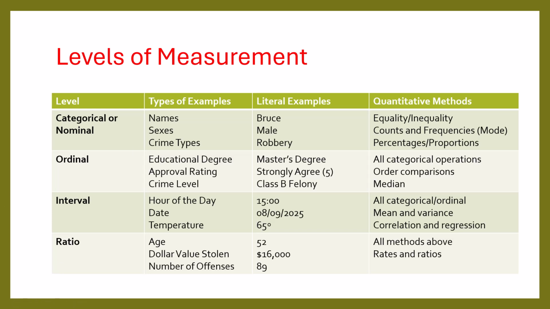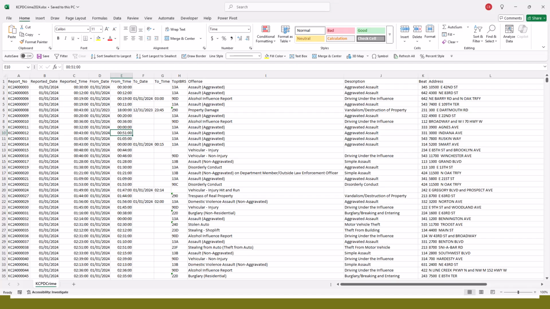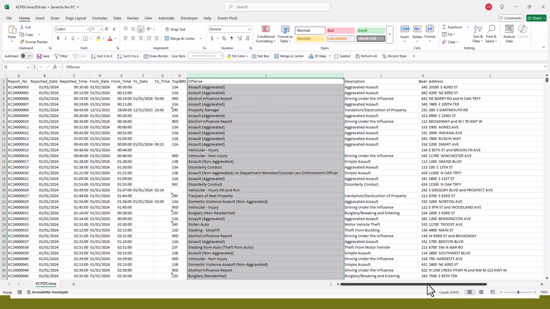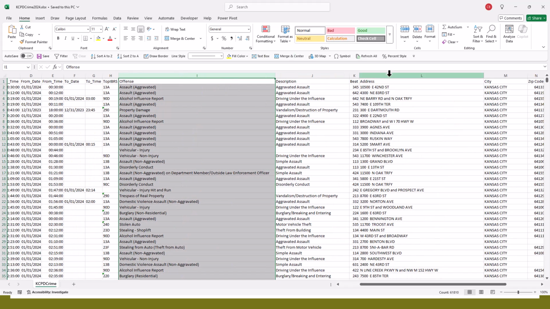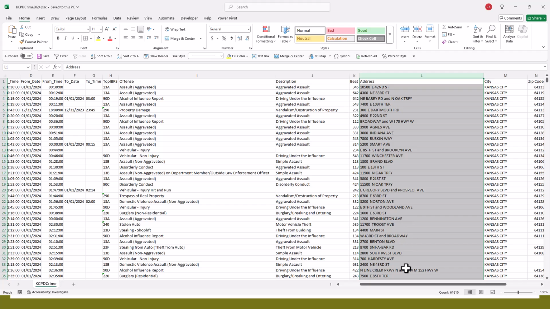So going back to our Kansas City data sheet, we see we have lots of nominal data, the offense, the address. The street number part of the address is ratio data, I suppose, but there isn't a lot of, at least in most places. There are some places, I suppose, where it jumps around.